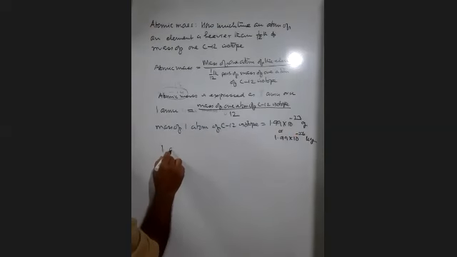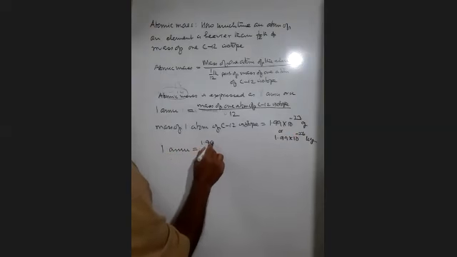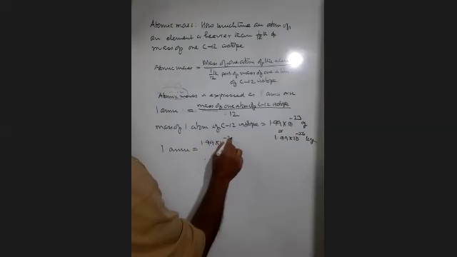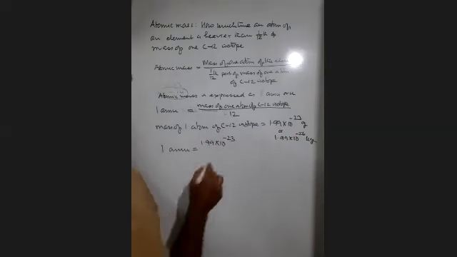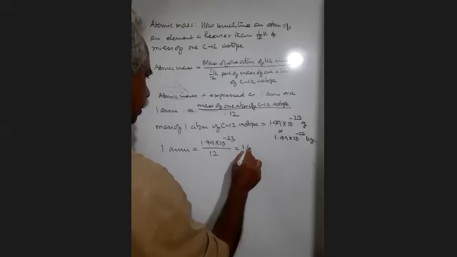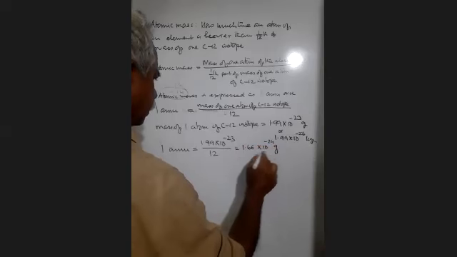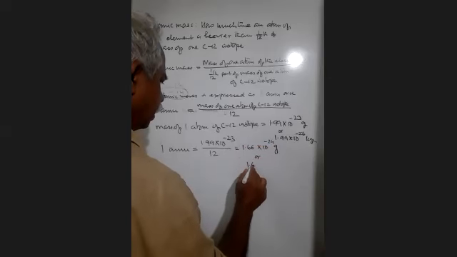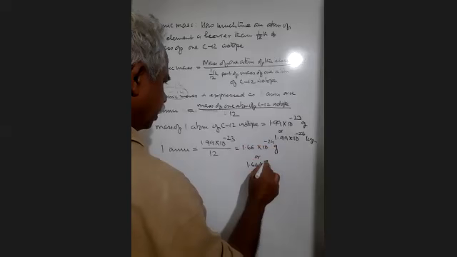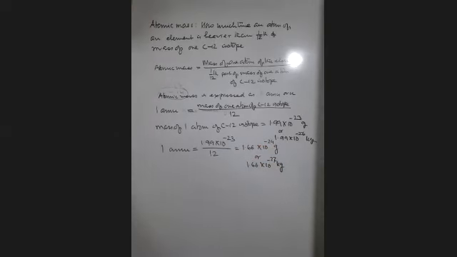So what is 1 u? 1.99 into 10 to the power minus 23 divided by 12, which comes to 1.66 into 10 to the power minus 24 gram, or 1.66 into 10 to the power minus 27 kg. Remember, this is the value of 1 u. Write it down.